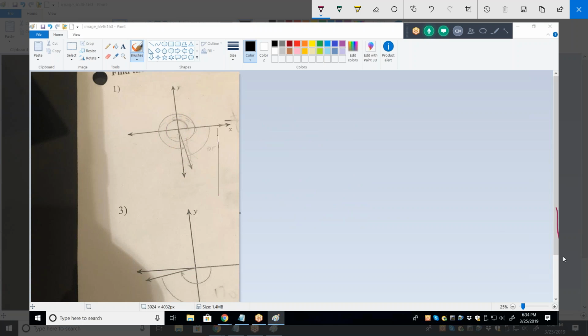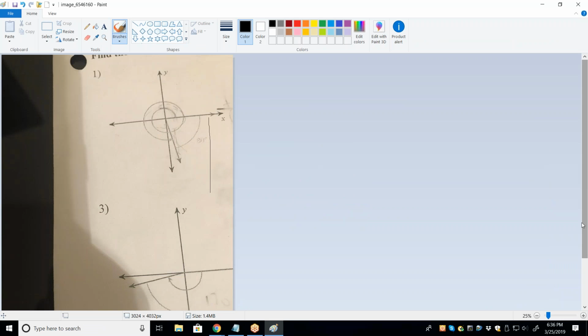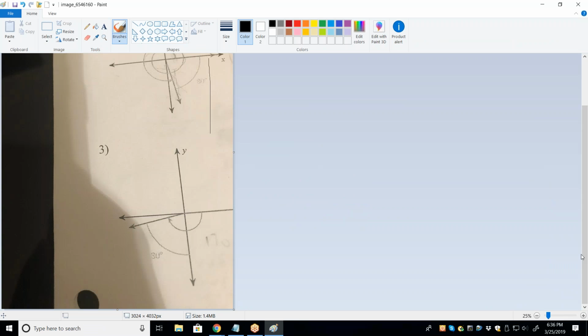So, let's have a look at the other one. Can't do that. I gotta do this. And what's that angle? It's 80 again. Oh, it's 80 also. Yeah. Okay.